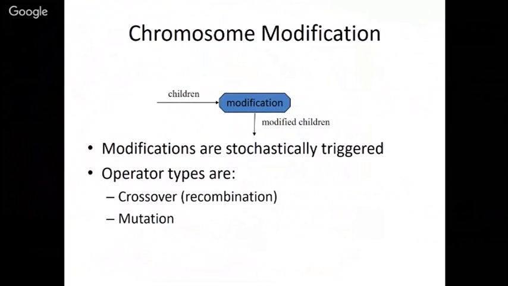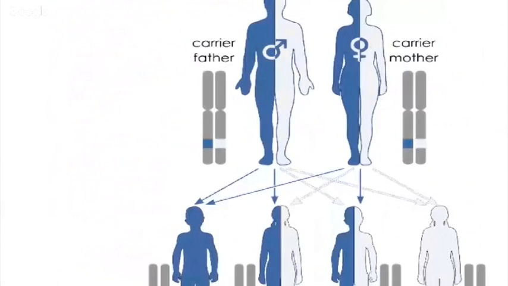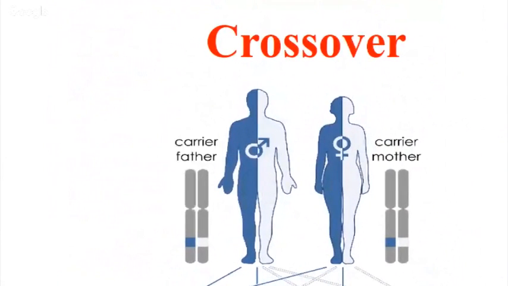Next step, once you select the parent, is a process called crossover and mutation. For example, say our parents here are a mother and father, and they are carriers. Carriers in the sense that they carry some characteristics. Say they are carrying some disease like sugar.